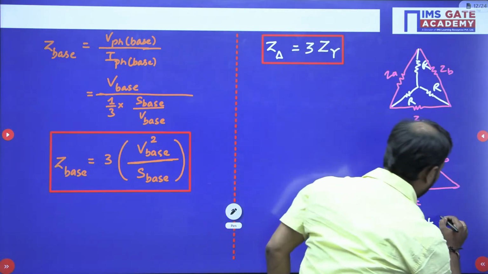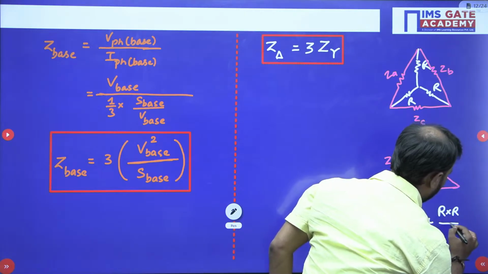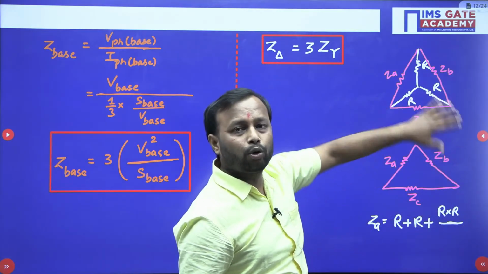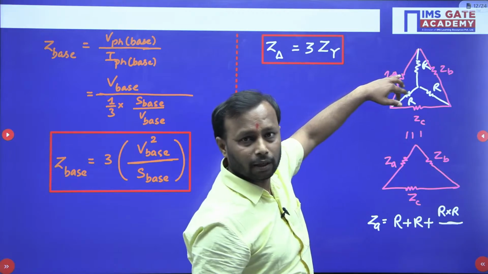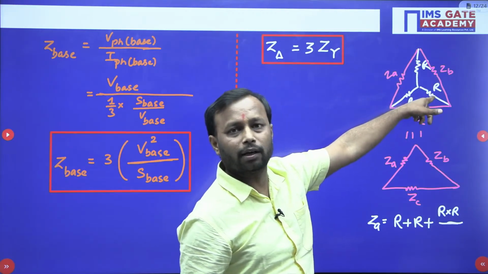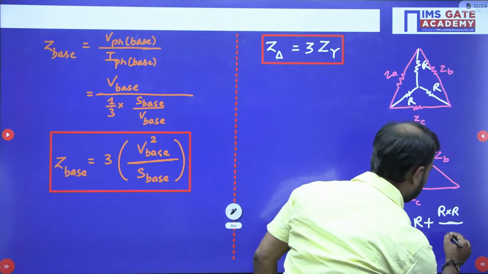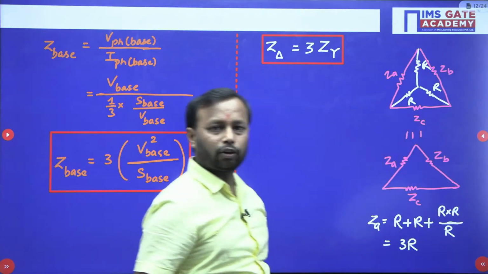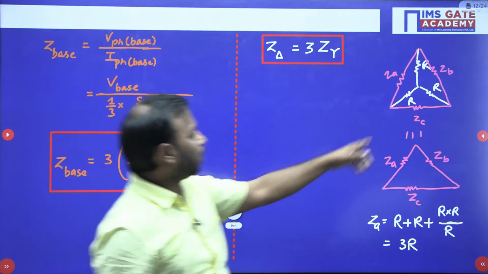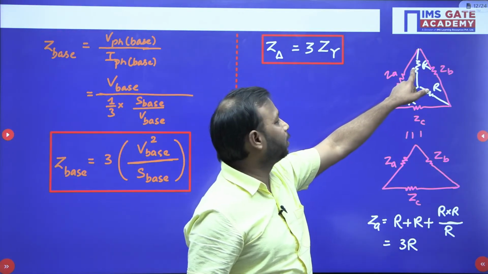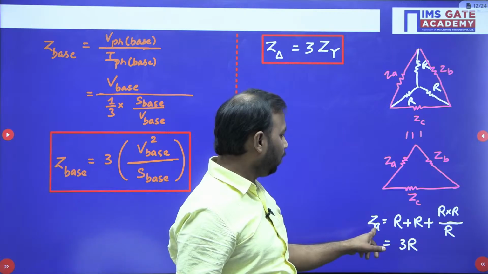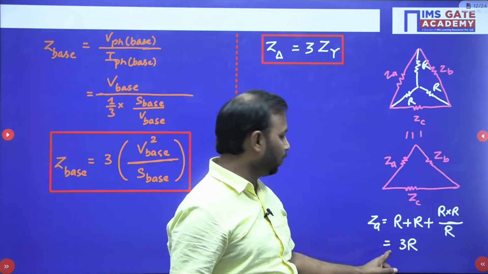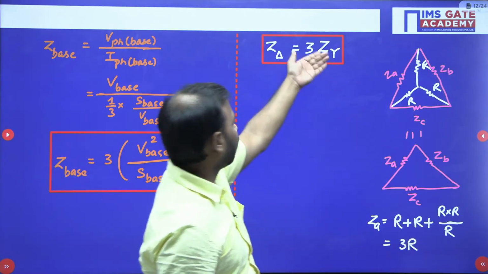So R into R, divided by the opposite arm. Look, we have considered this, so its opposite is this one, so divided by R. So this is nothing but 3 times R. This is what I wrote a short while ago, that if in the star you are having a resistance R, then in delta the resistance or impedance will become 3 times R. That is what we have obtained.